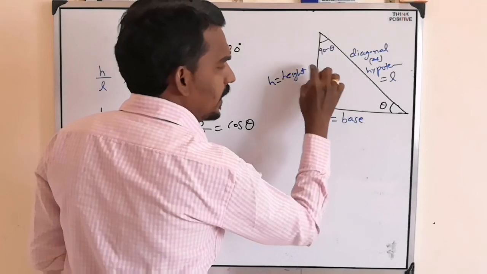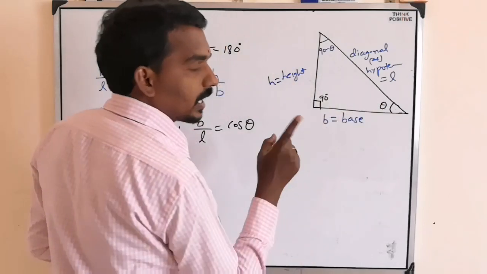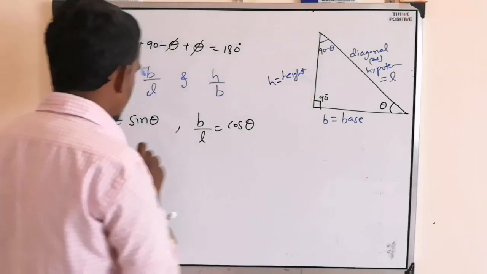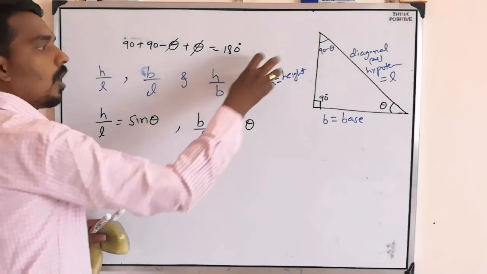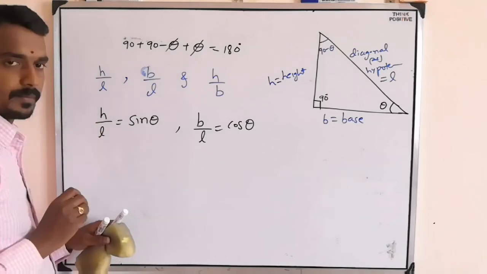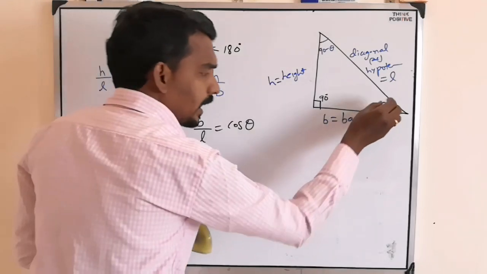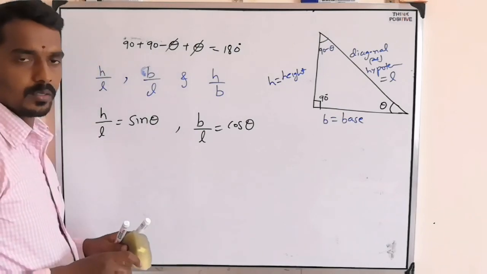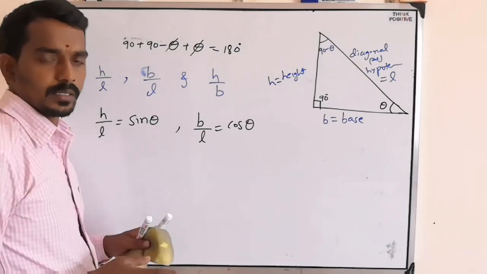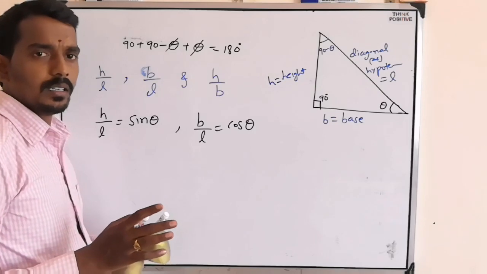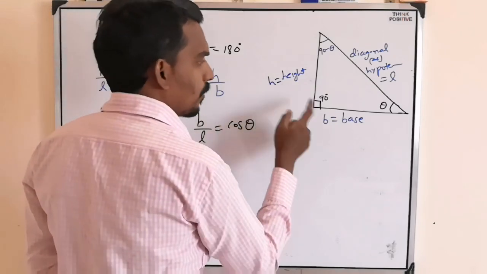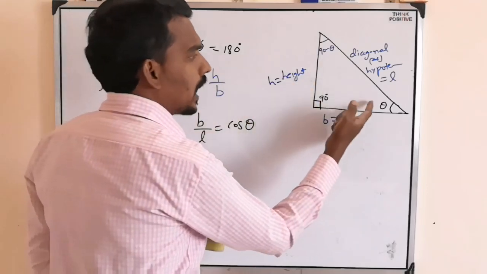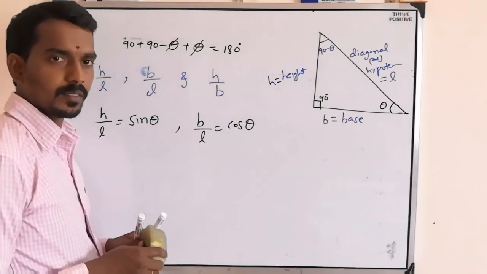Now the side opposite to angle theta, not 90 minus theta. If you take opposite, then sin theta will become opposite by hypotenuse. Cos theta will become adjacent by hypotenuse. So it is your wish. But if you want to take in terms of height and base, make sure that height is opposite to theta.